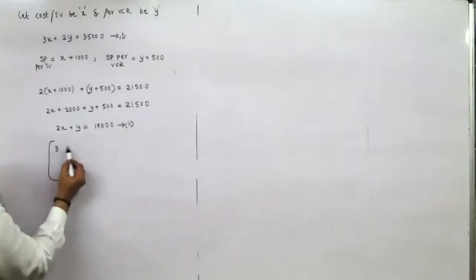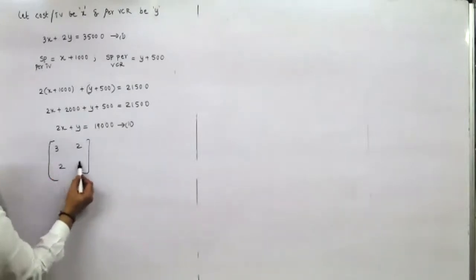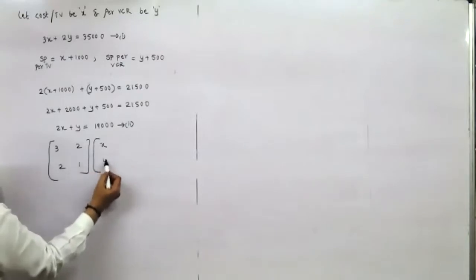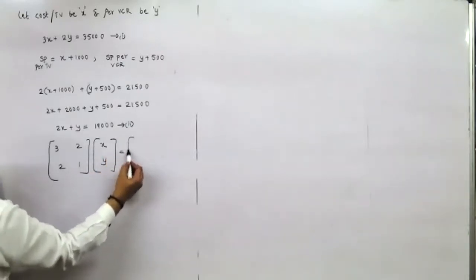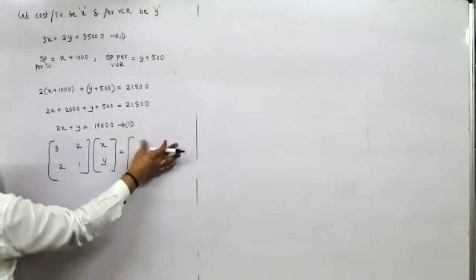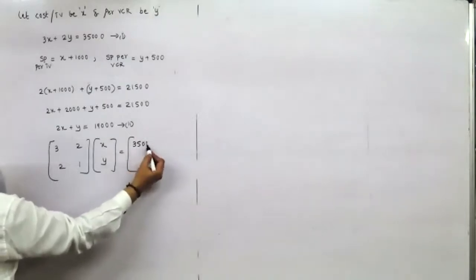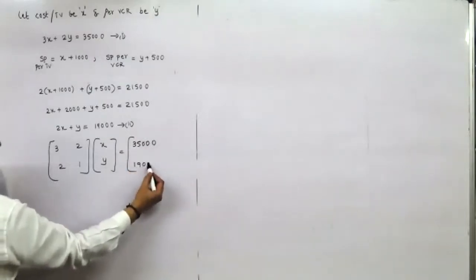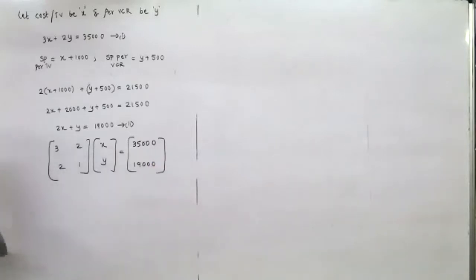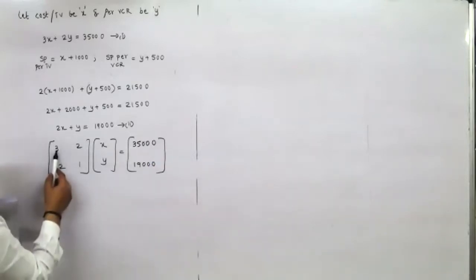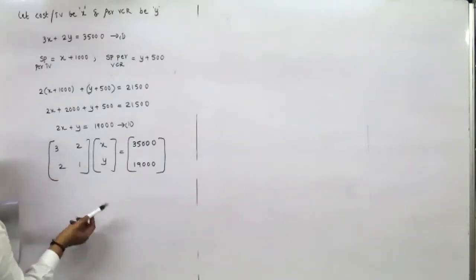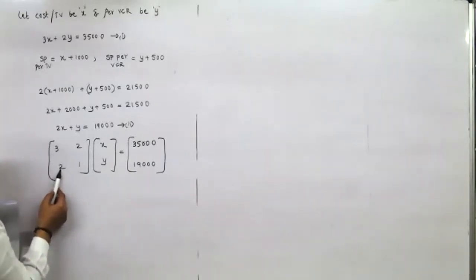Then solve it. You get 3 and 2 here, 2 and 1 here, X and Y here, and this is equal to 35,000, and this is equal to 19,000. Now you need to make any one 0. Either first make this 1 and then make it 0, or you can straight away say 6 minus 6 is 0.